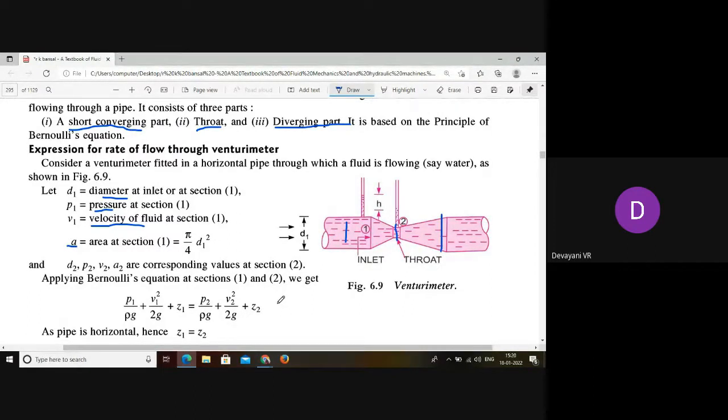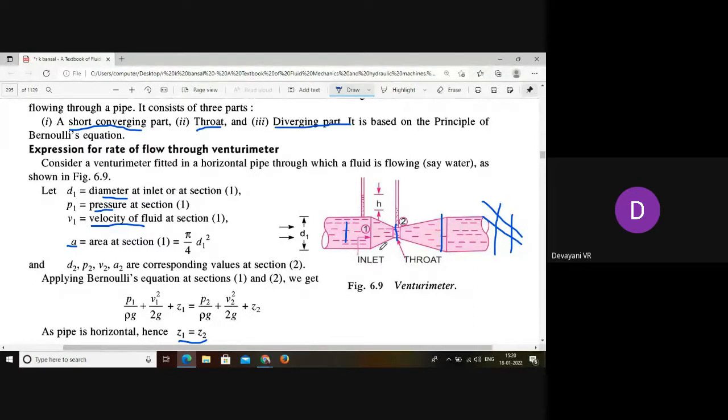So the datum heads at section 1 and at section 2 are equal, isn't it? This venturimeter is at horizontal level, so the datum head at section 1 and section 2 will be equal, that is Z1 is equal to Z2. Suppose the pipe is not horizontal, if it is an inclined one, in that case the datum head will vary from section 1 to section 2.